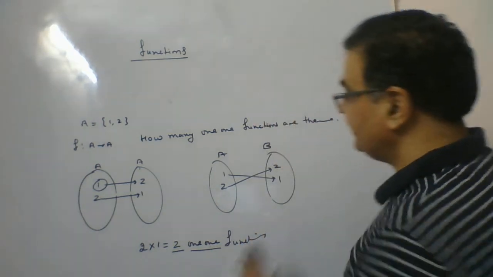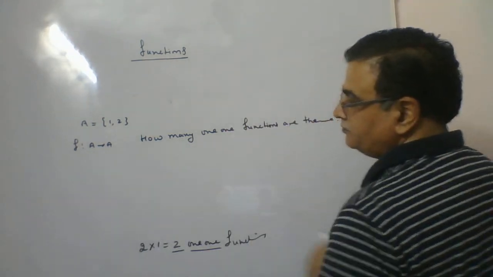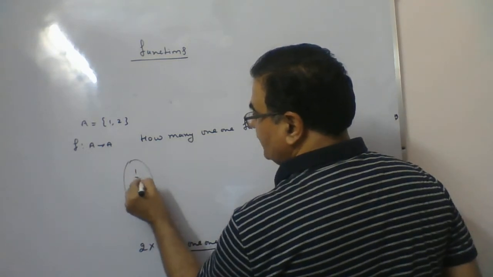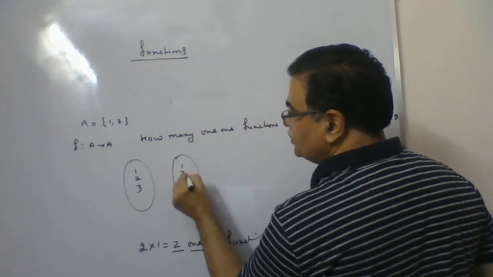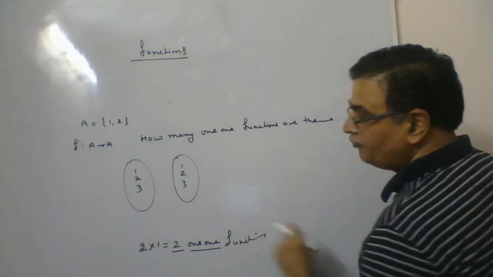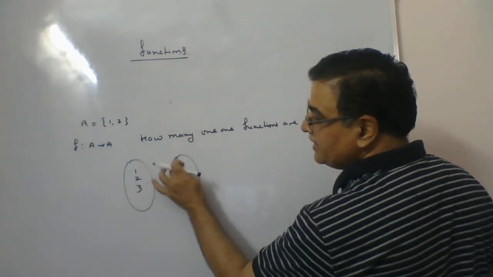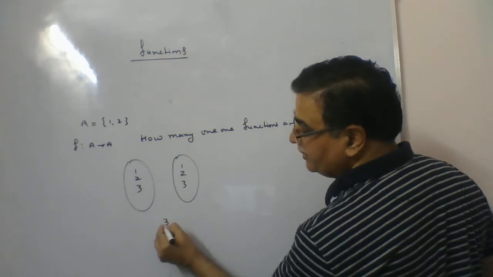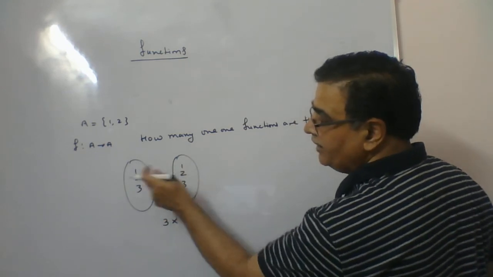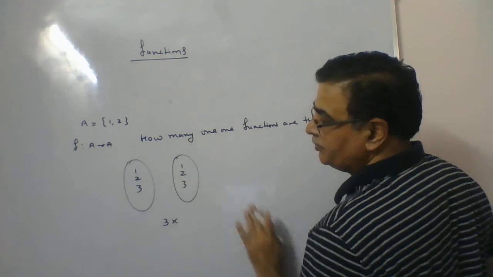By the way, suppose 3 elements are there, 1, 2, 3, here also 1, 2, 3. And if I ask how many one-one functions are there, then this element has 3 choices. Any one can be taken. It can take 1 as an image or 2 as an image or 3 as an image.